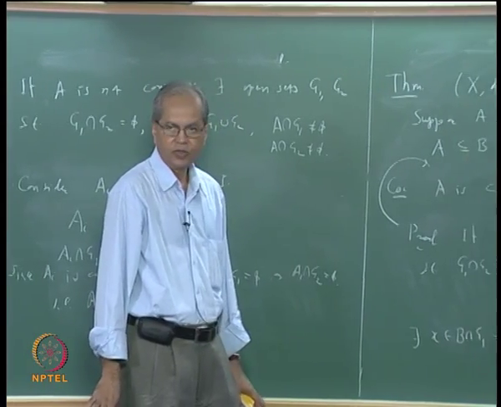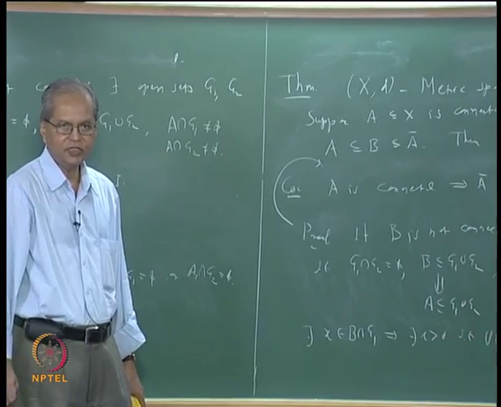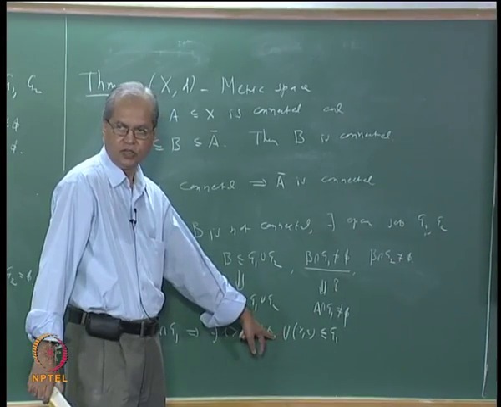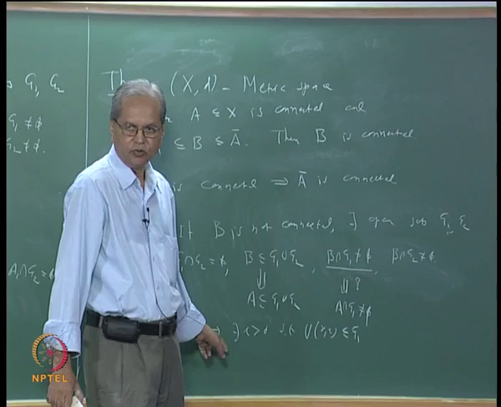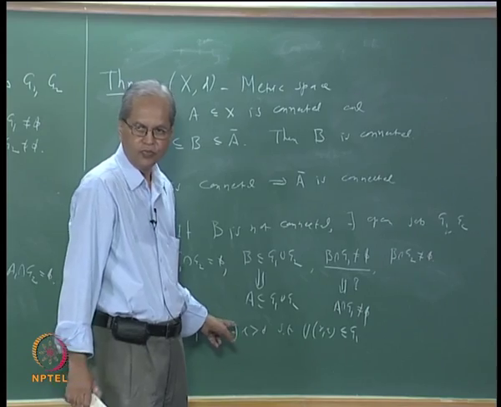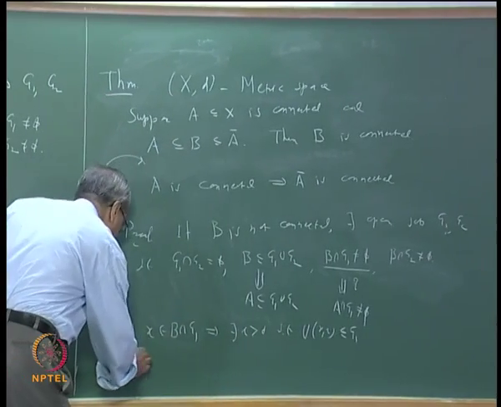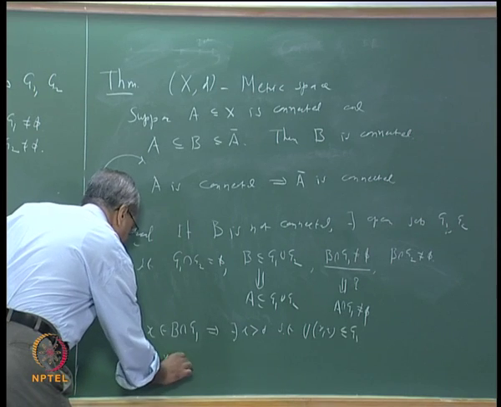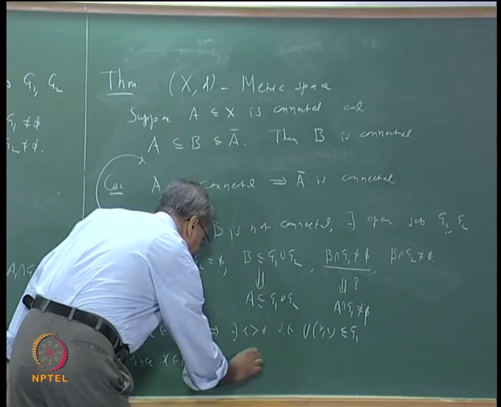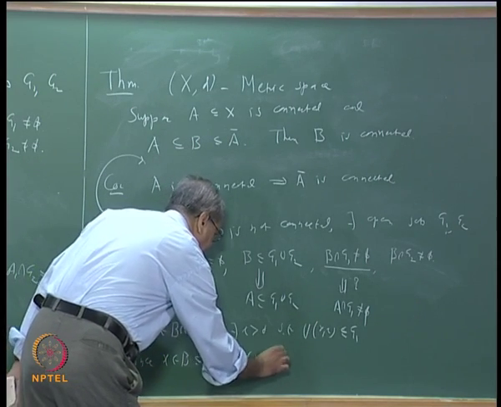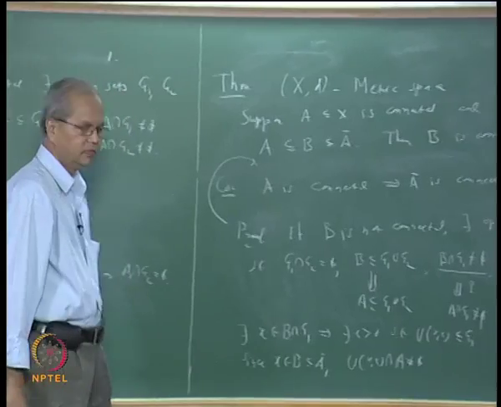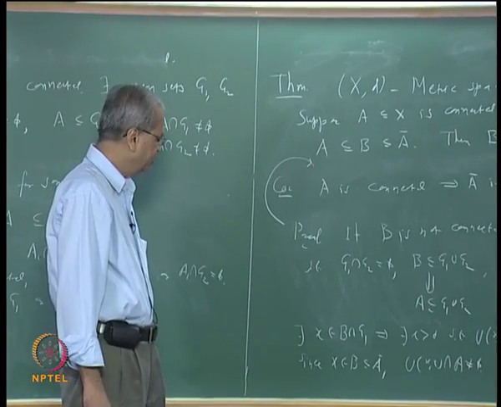X is in B, which is in A closure, so X is a closure point of A, and so every open ball with center at X should have a non-empty intersection with A. So every open ball with center at X should contain a point from A. So since X belongs to B which is contained in A closure, we must have that UXR intersection A is non-empty.